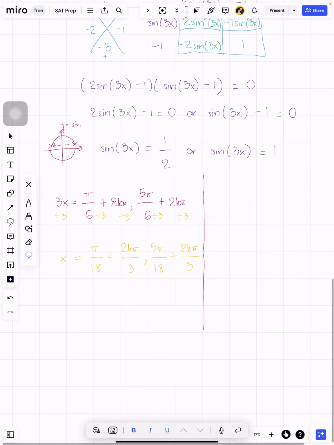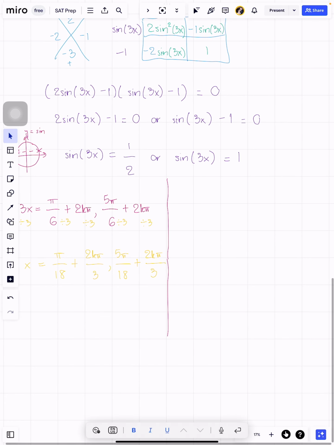There we go. And now, let's get the other problem solved first, and we're going to talk about what it means to have an angle between 0 and 2 pi in a second. For our second problem in here, you're going to ask yourself again, what angle in the unit circle gives us the y value, the sine value, equal to 1?